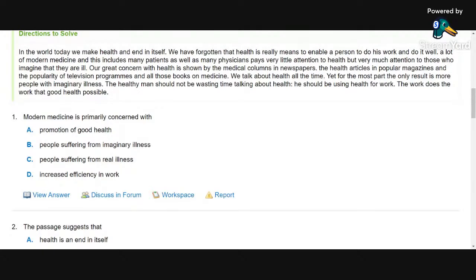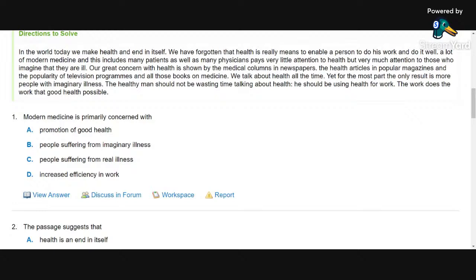Our great concern with health is shown by the medical columns in newspapers, the health articles in popular magazines, and the popularity of television programs and all those books on medicine. We talk about health all the time, yet for the most part the only result is more people with imaginary illness. The healthy man should not be wasting time talking about health. He should be using health for work. The work is what makes good health possible. Okay, this was about health being the focus of the passage.